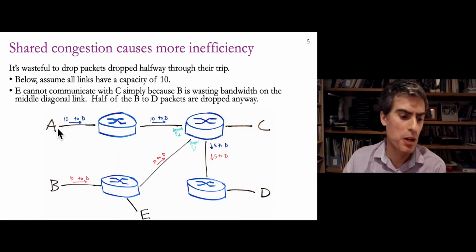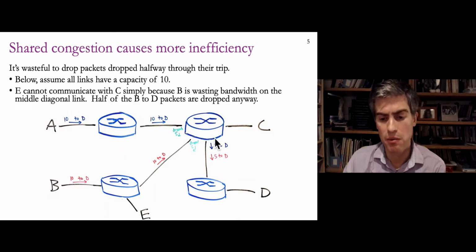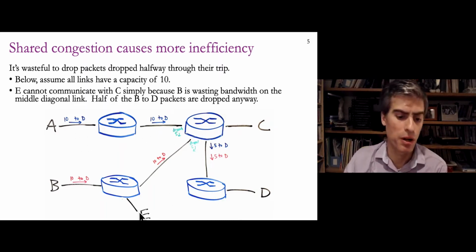So it would be much better if A and B could somehow figure out that they should only be sending at a rate of 5, avoid these packet drops, and that would avoid inefficiency, and therefore this diagonal link in the middle here would only have a throughput of 5 from B, and E would be able to use the remaining capacity to talk to C, right? Okay.